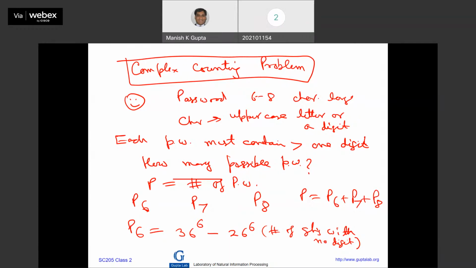P7 will also be the same thing: 36 raised to power 7 minus 26 raised to power 7. And then P8 will be 36 raised to power 8 minus 26 raised to power 8. Sum कर लो उसको. Calculator चाहिए होगा तुमको, right? I also don't remember this number, which I can write.